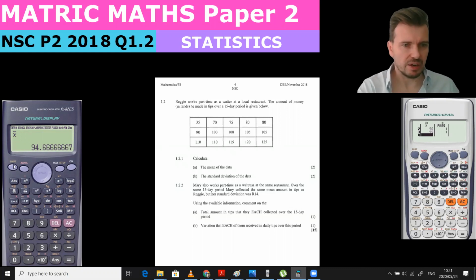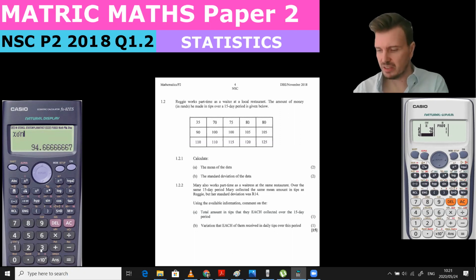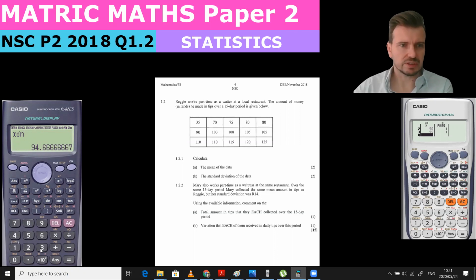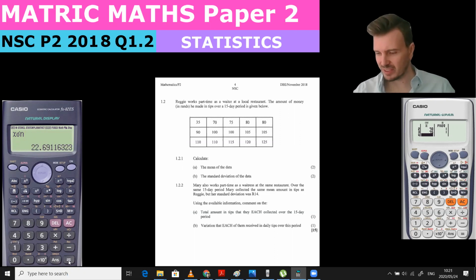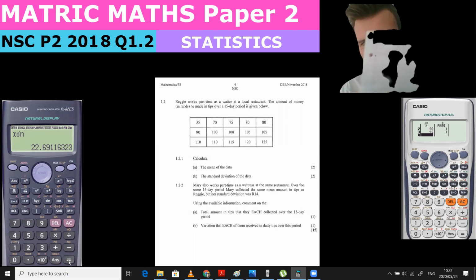Okay, and then to get our standard deviation, we say shift, stat again, and we take number 3. We just have to say equals, and then we get 22,69. Okay, if your standard deviation is the same as the mean, you've got problems, because then you've got very inaccurate data.